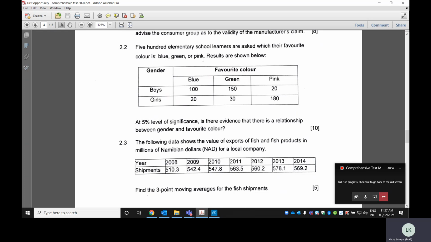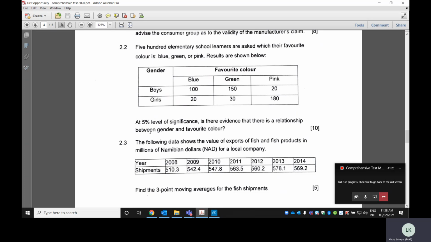Was it blue, green, or pink? And the results are summarized in the table below. At 5% level of significance, is there evidence that there is a relationship between gender and favorite color? So I'm sure even when you think about this, you must have an inkling. And when you do the calculations, you would expect it to be in line with what you're thinking.